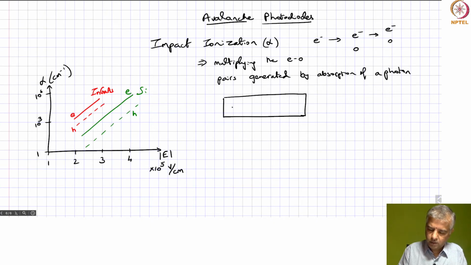I would still have a relatively small P region, heavily doped P plus, and then you have this I region, and then you have, like before, a highly doped N region, so we call it N plus.